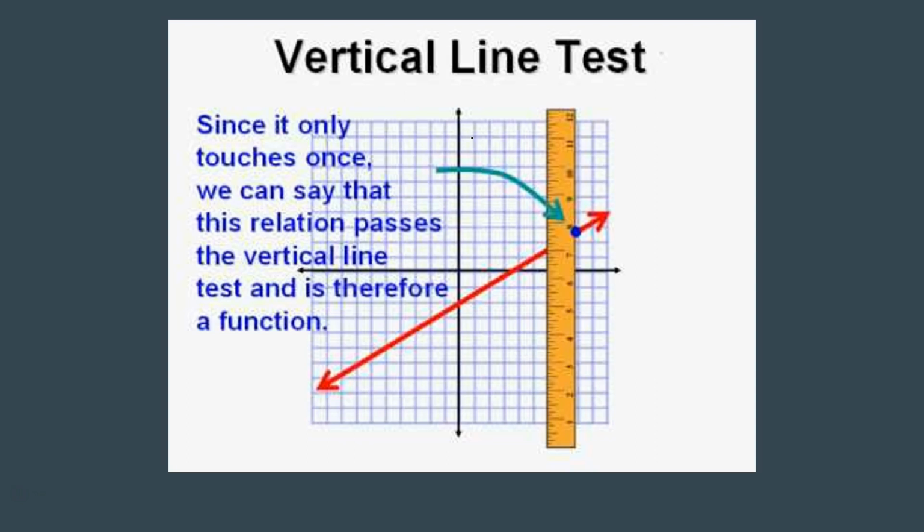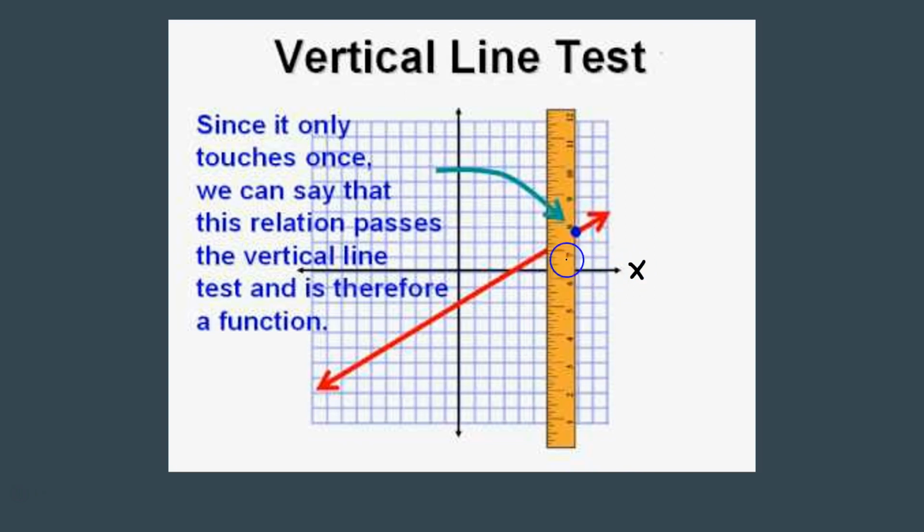So, one thing we have to know is to be a function, it has to be able to pass the vertical line test. So think about this: if you have a pencil or ruler and you're rolling or sliding it, depending on what you have, across the x-axis, which is this line down here.